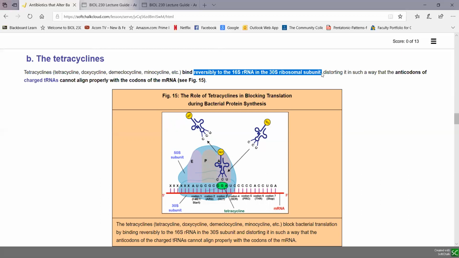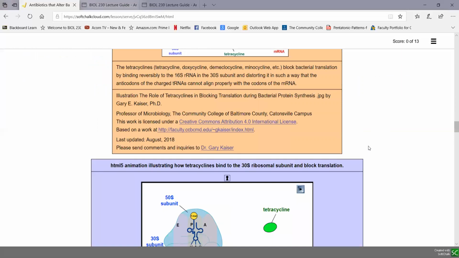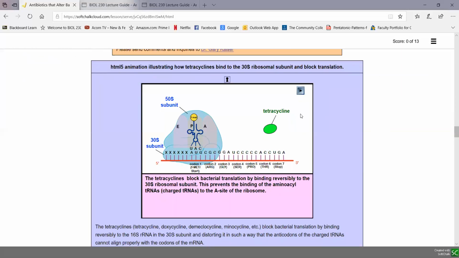But these are thought to actually just block the codon so the transfer RNA anticodon can't get close enough to hydrogen bond. So it's not necessarily just distorting one of the bases in the codon, it's blocking the codon so the anticodon on the transfer RNA can't get close enough to form hydrogen bonds, as we see in this animation.